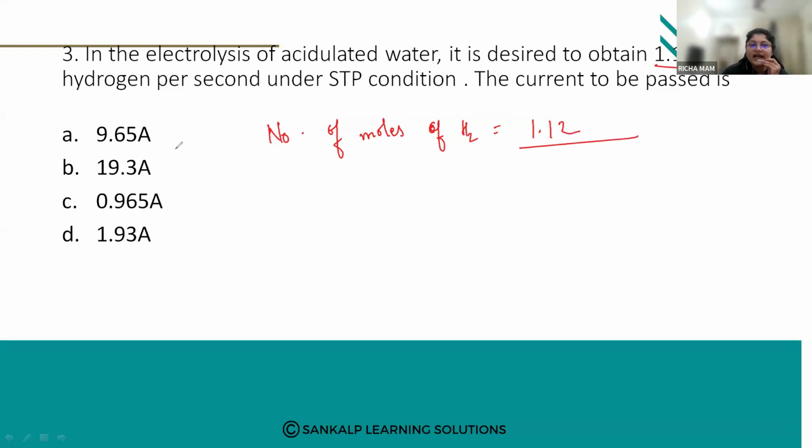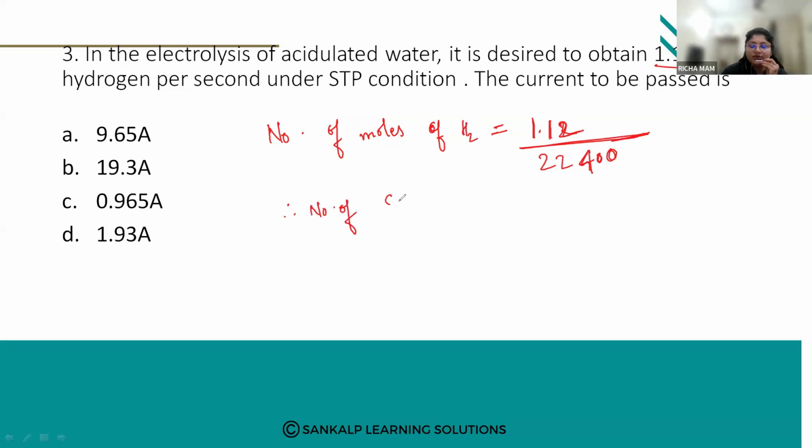At STP, the standard volume taken is 22,400. So the number of moles of hydrogen is 1.12 upon the standard volume, 22,400.